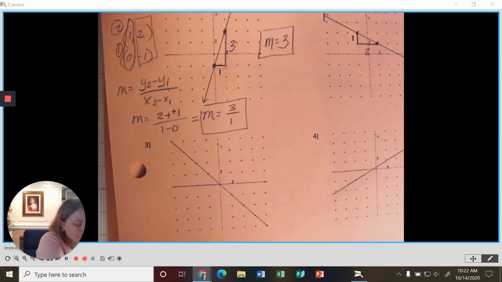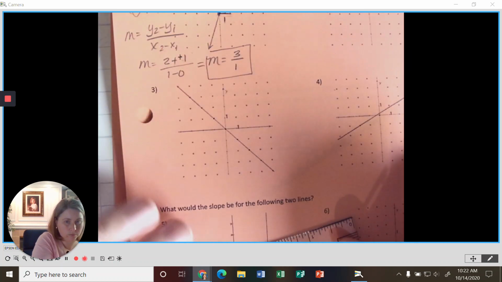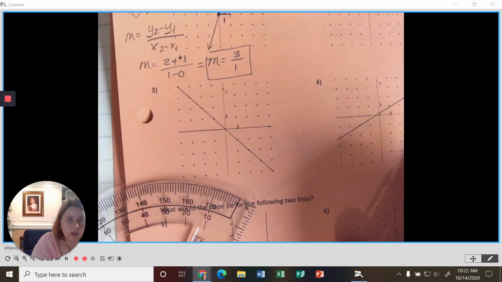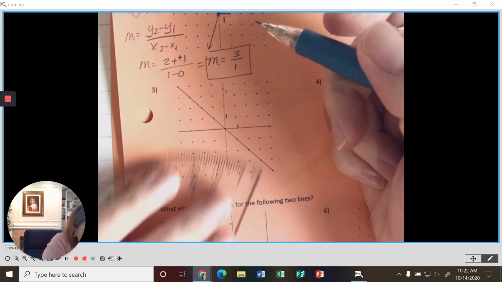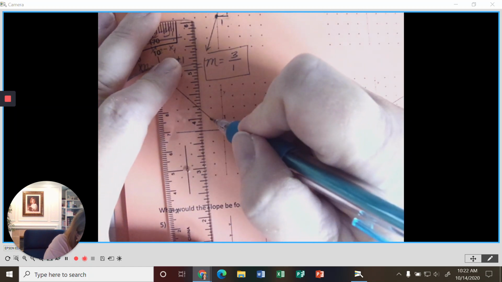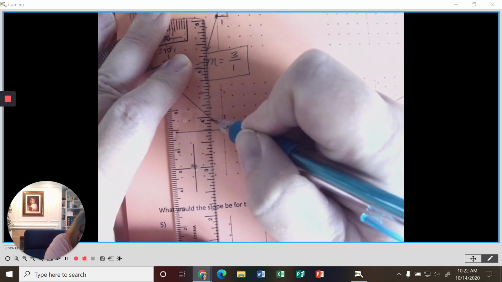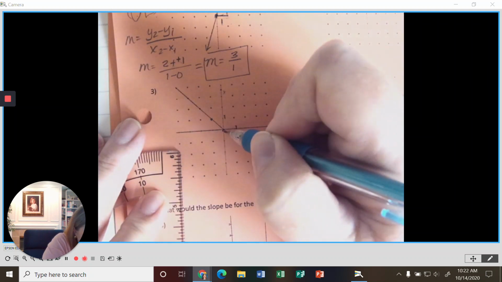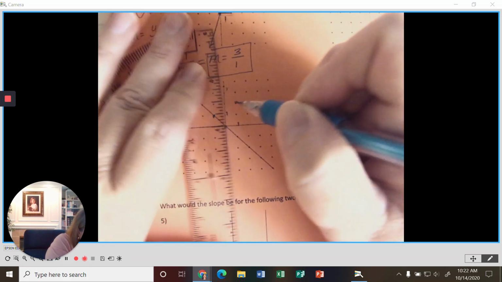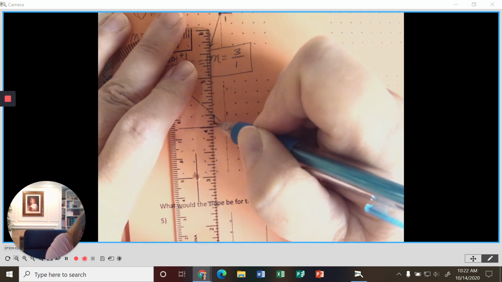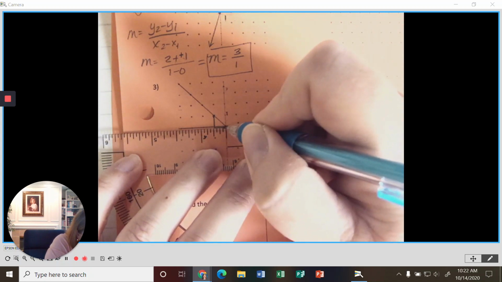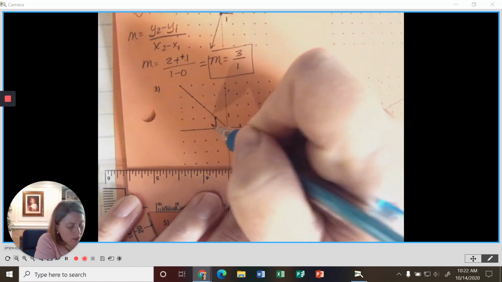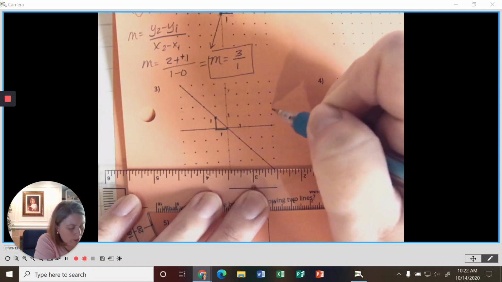Number 3, there are so many points. So I'm going to intentionally choose some that are far apart. I'll do this 2 different ways just so we can become comfortable with this. If I do these 2 points here, right at the origin and just to the left of the origin, okay, our rise is 1, our run is 1.